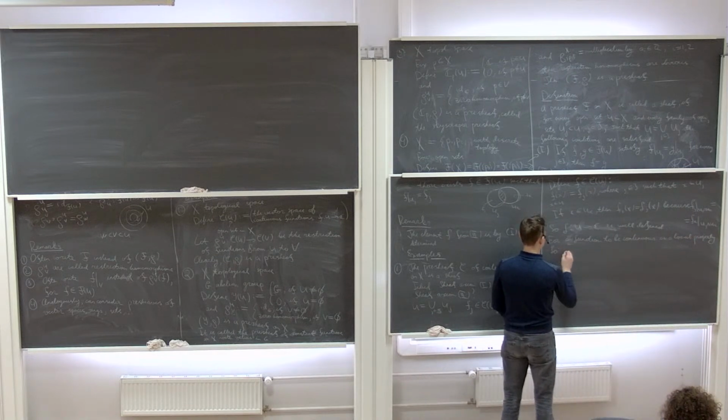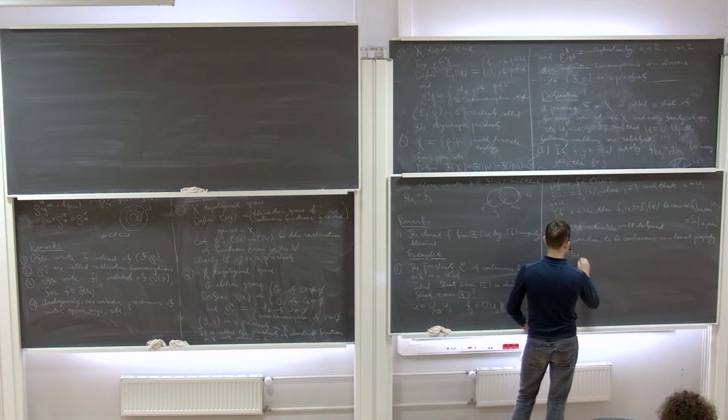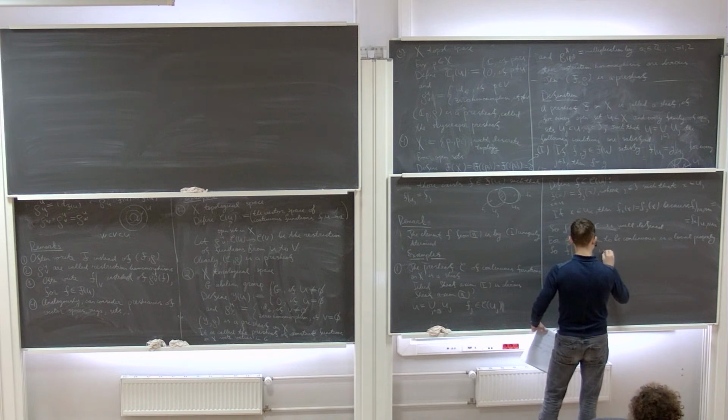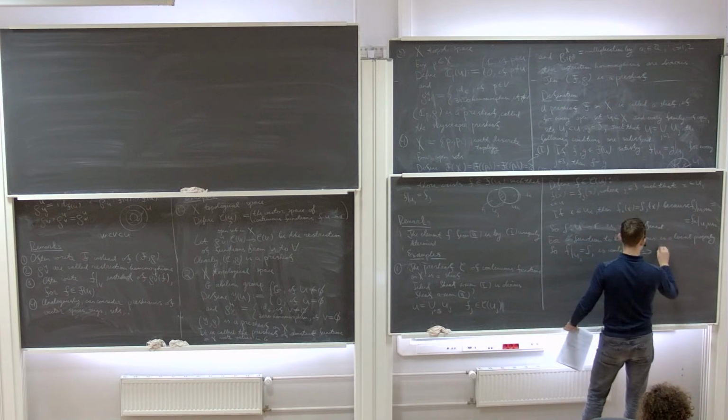So f restricted to Uj is equal to fj, which is continuous, implies that f is continuous.